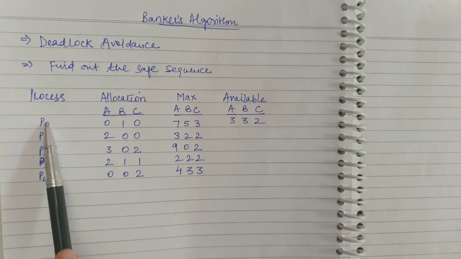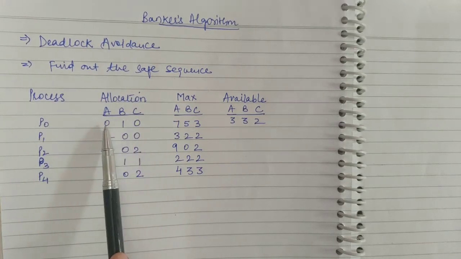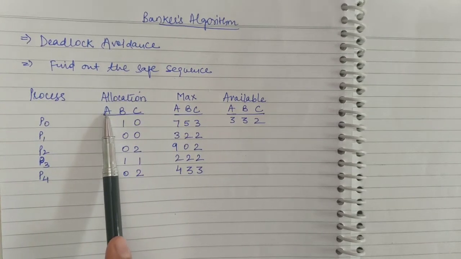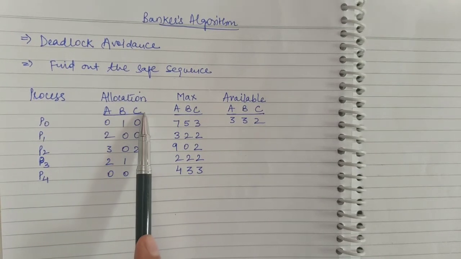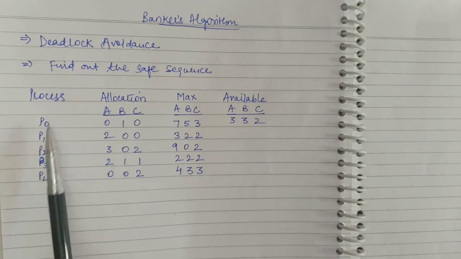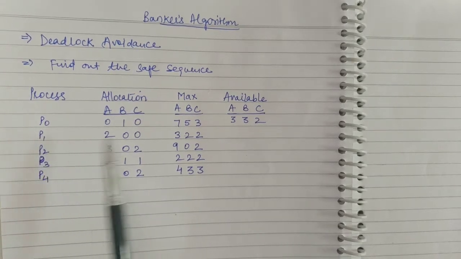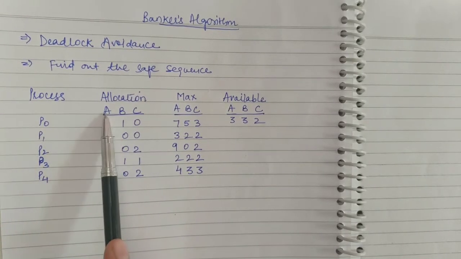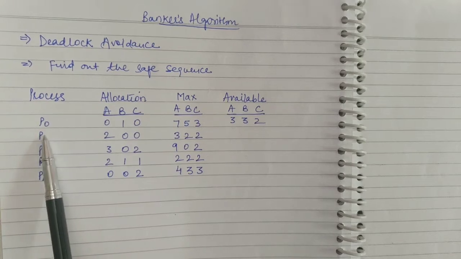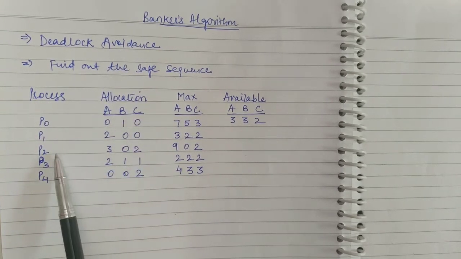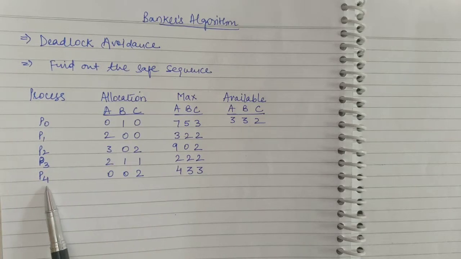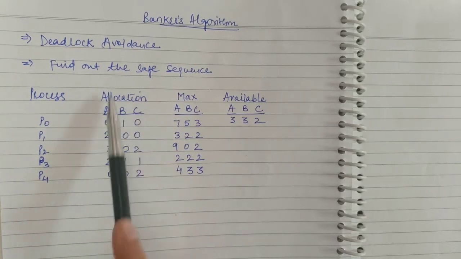It's like for process P0, system has allocated 0 instances of resource A, 1 instance of resource B, 0 instances of resource C to process P0. Likewise, for process P1, 2 instances of resource A have been allocated, 0 instances of B and 0 instances of C. Likewise for P2, P3 and P4. So this was your allocation.